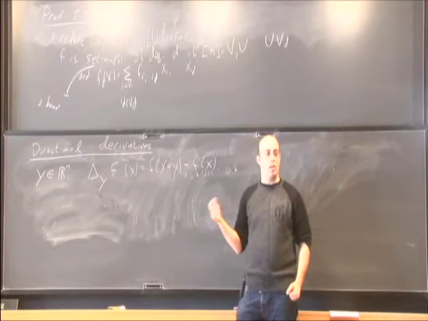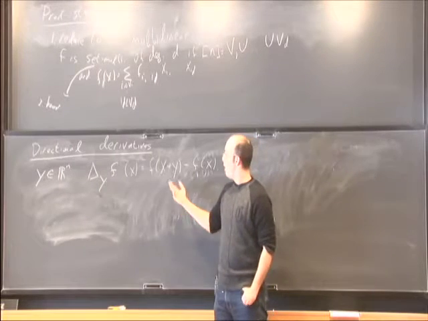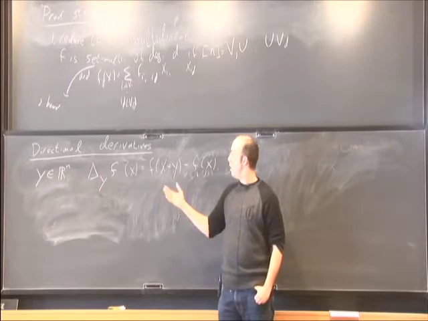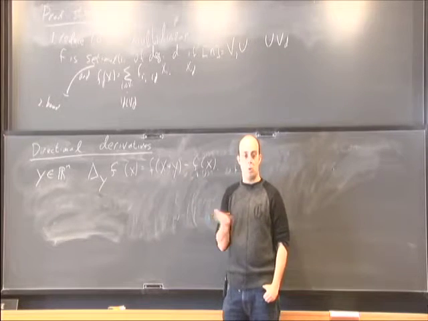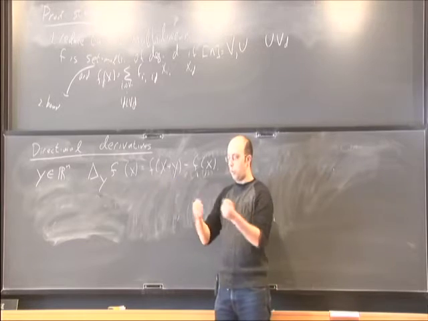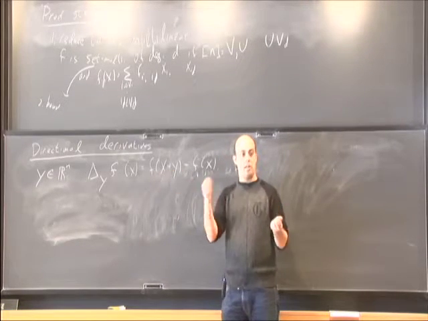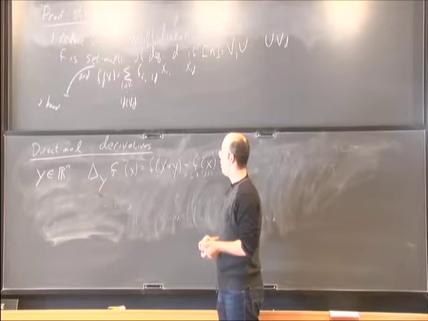So why do I call it a derivative? Well, because it reduces the degree of f. If you think of y as constants, and f is a degree d polynomial in x, this will be a polynomial in x of degree at most d minus 1. One way to see it is that we take any monomial and open all the brackets in x and y, and all the terms that depend just on x cancel on both sides. So we just get mixed terms, so the degree in x goes down.